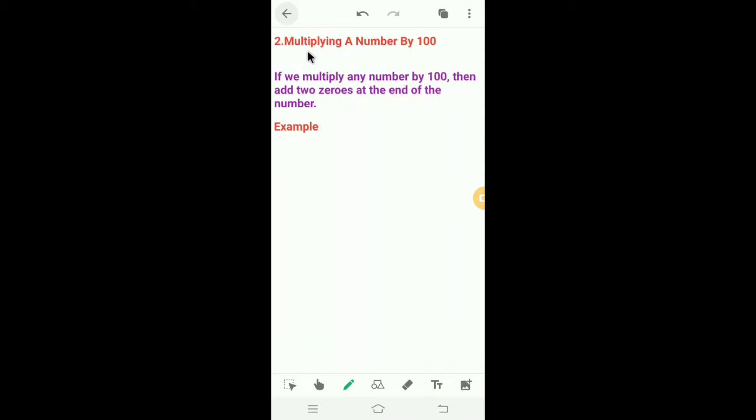Let's learn the shortcut method for multiplying any number by 100. If we multiply any number by 100, then add two zeros at the end of the number.